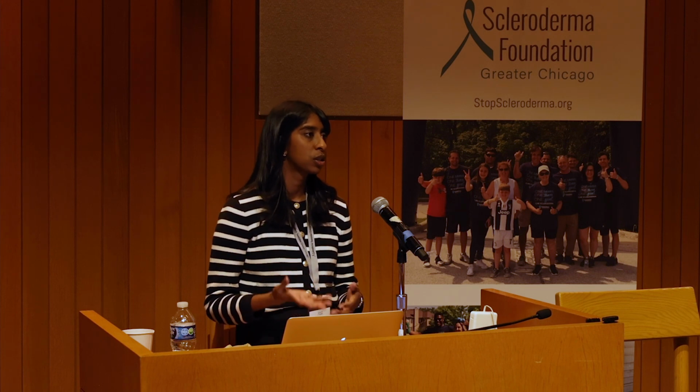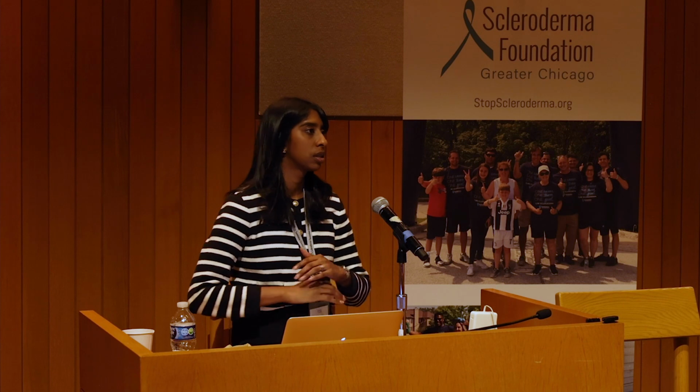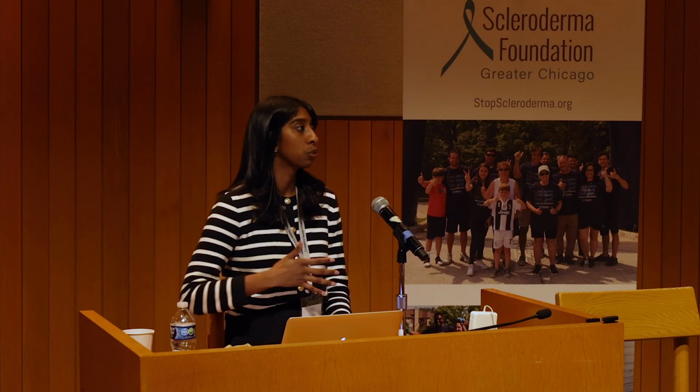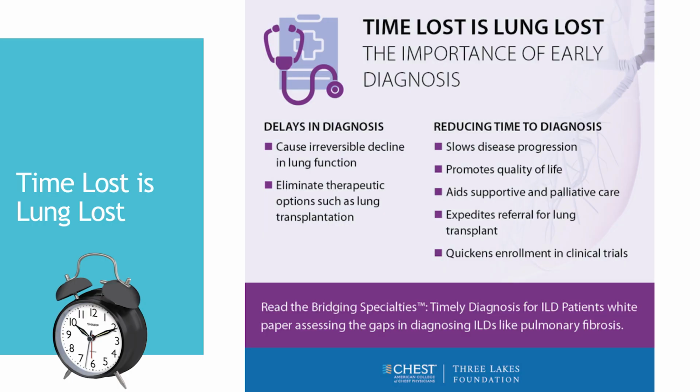And so one of the therapies I'm not going to talk about in detail today, because this could be a whole separate talk, is lung transplantation for when patients have really severe disease. If we don't catch it until it's too late, that might not even be an option anymore. When we are able to sort of shrink that time to diagnosis, we're able to get you on therapies that slow disease progression. We're able to promote your quality of life. We're able to get you engaged in supportive and palliative care therapies that can help improve quality of life as well.